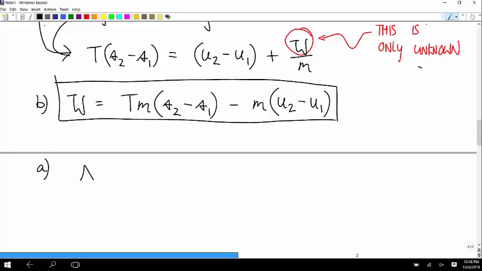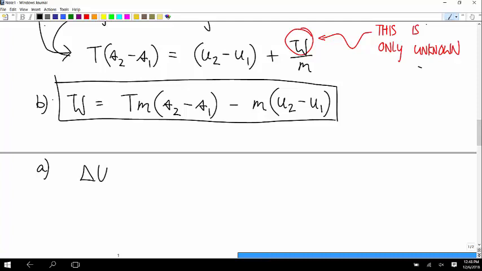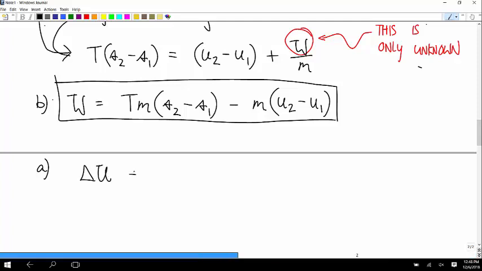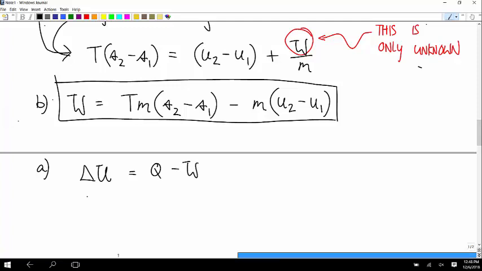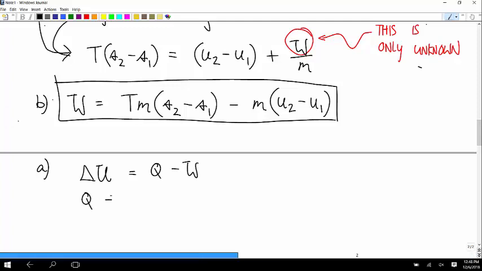The first law says the change in internal energy is equal to Q minus W. So Q is equal to the change in internal energy plus W. Now we have an expression for W. We can just look up this value of internal energy. We already looked up the two end values. And so then you can just calculate Q.